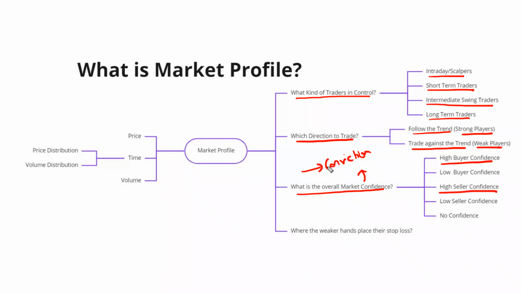At times we'll have an individual conviction: today the market will definitely go up, or today the market will definitely crash. But what we track here is the overall market's conviction. How are traders as a group driving the price up today? Are they really confident in driving the price up, or not? What is the overall confidence exhibited by the market itself?